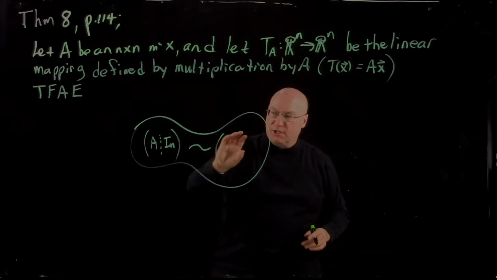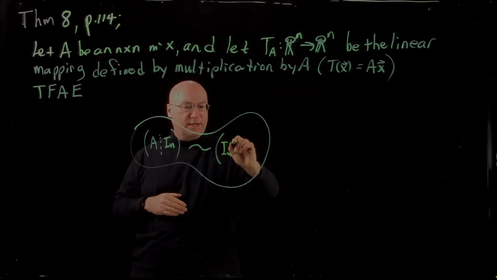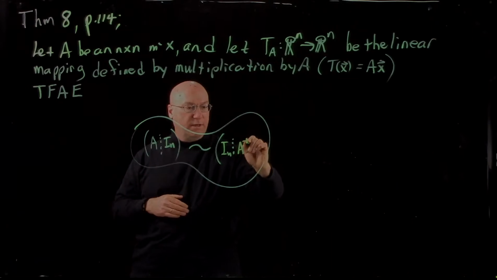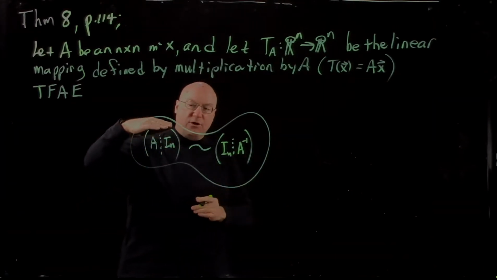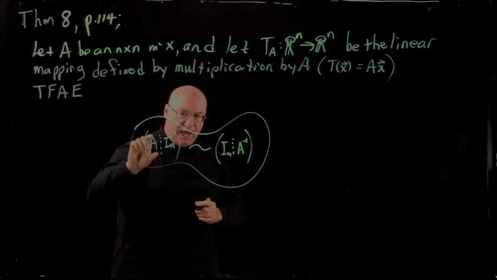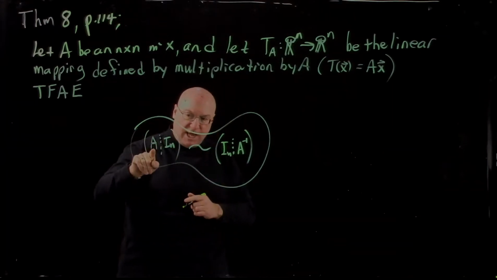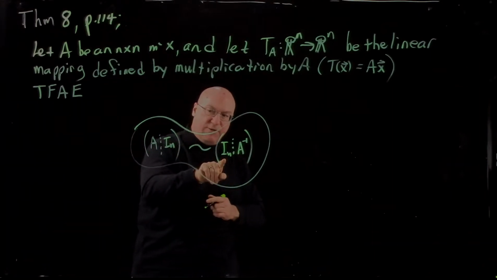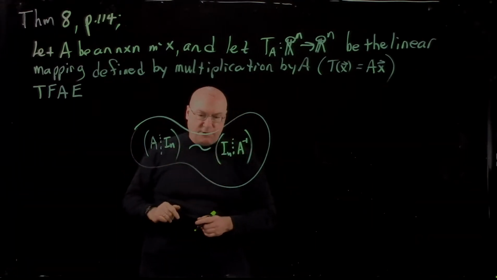And over here, of course, I sub n, and then A inverse. So I'm talking about doing the standard operations to reduce A into the identity matrix, and when you do the row operations all the way across, you will take the identity matrix and turn it into A inverse.